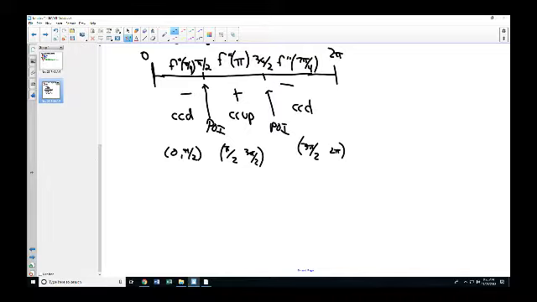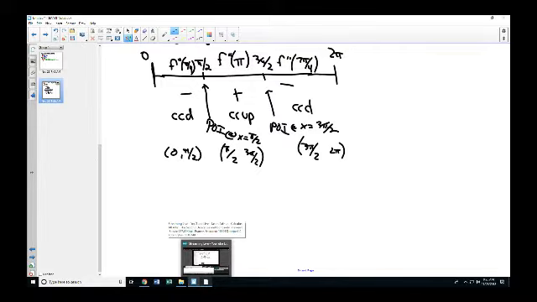Okay, so those are your intervals for concavity. And you say a point of inflection at x equals pi over 2 and at x equals 3 pi over 2. Okay, being specific. Right? The x values that you set equal to 0, those are your only possible points of inflection.